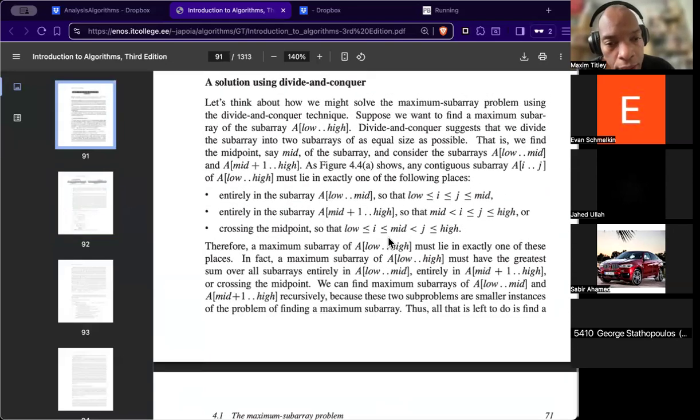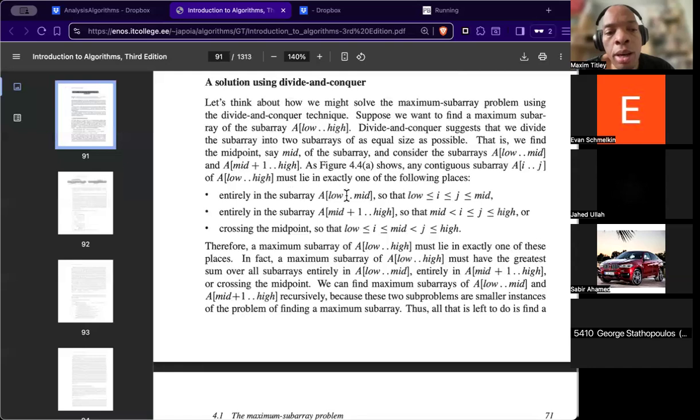Now, let's take a look at the terminology that they're using. In figure 4.4a, it shows that any contiguous subarray must lie in exactly one of the following places.